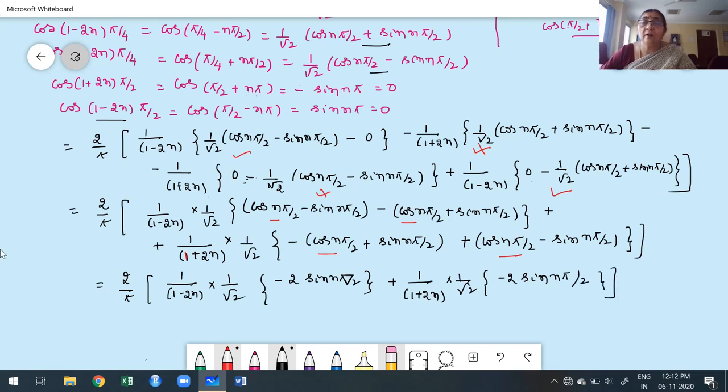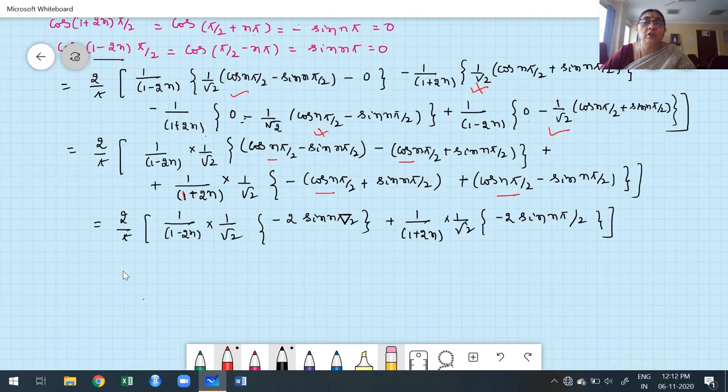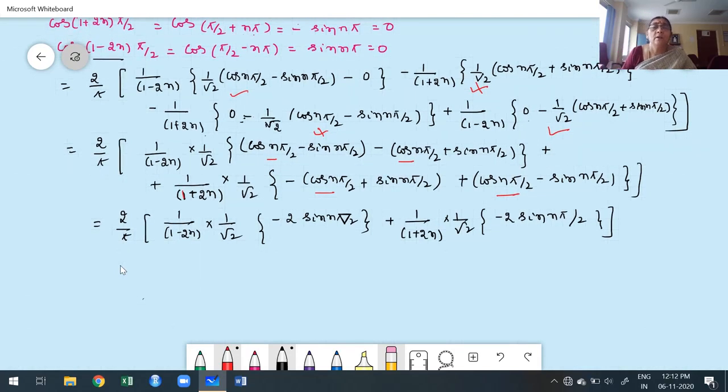Now again we are going to take the common factor from these two terms. Yes, minus 2 by root 2 sin n pi by 2 is common. 2 by pi into 1 by root 2 into minus 2 sin n pi by 2. Sin n pi by 2 is common, because observe this is our common thing. What's the remaining now?